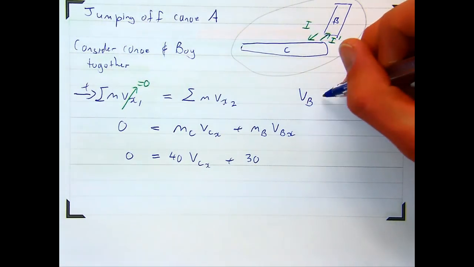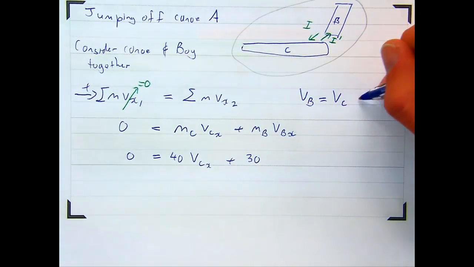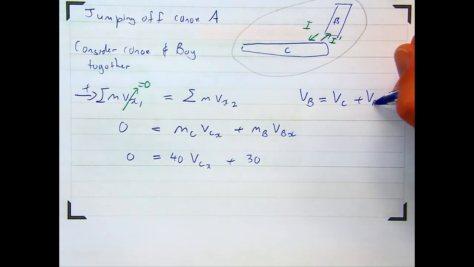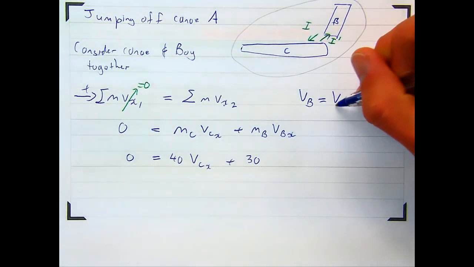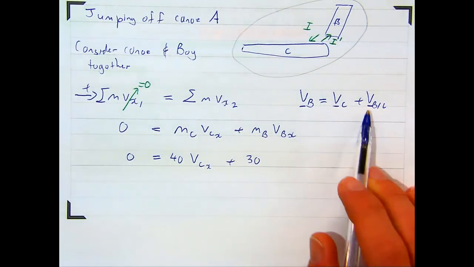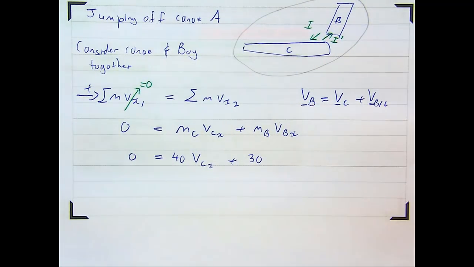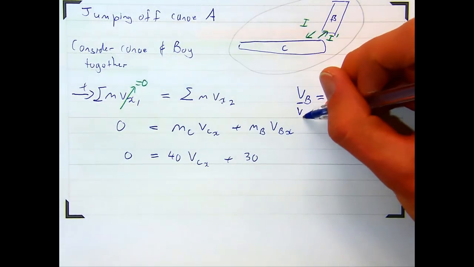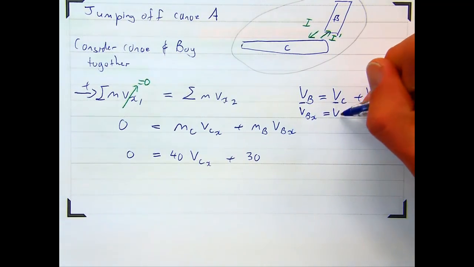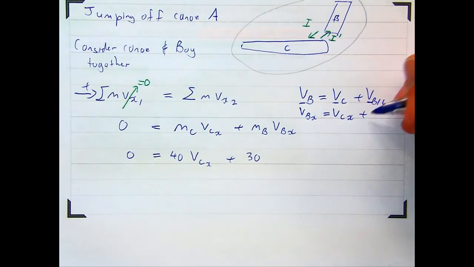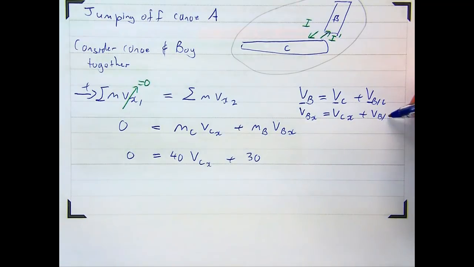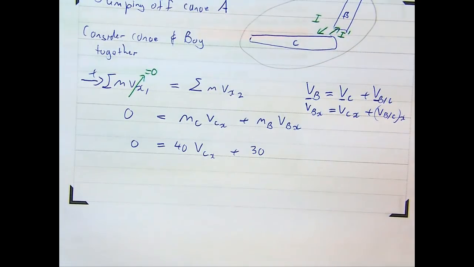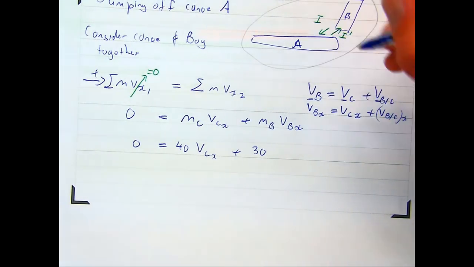We know that VB is equal to VC plus VB relative to C. These are all vectors, so we can take just the x component of that equation and write it as VBx is equal to VCx plus VB relative to C x. Sorry, actually this canoe is labeled A.